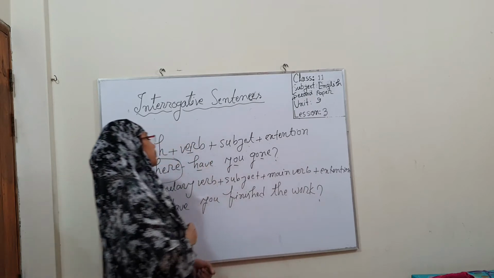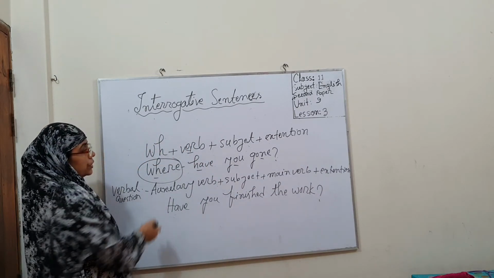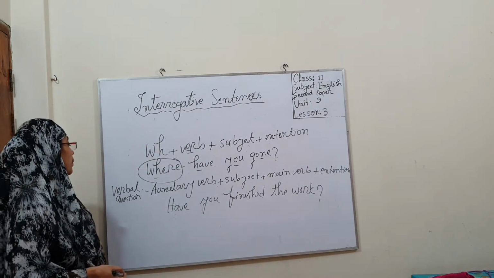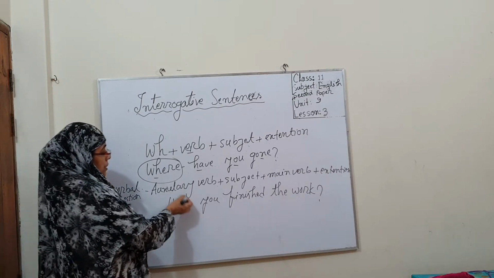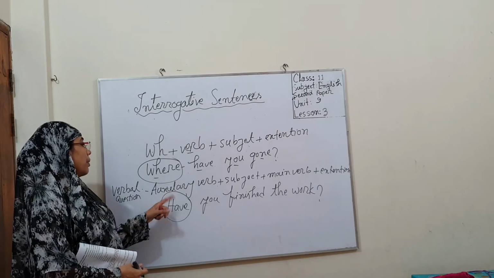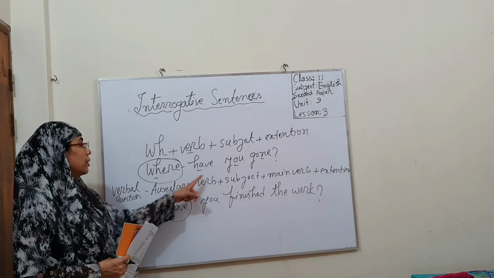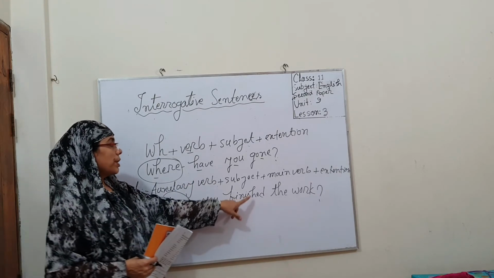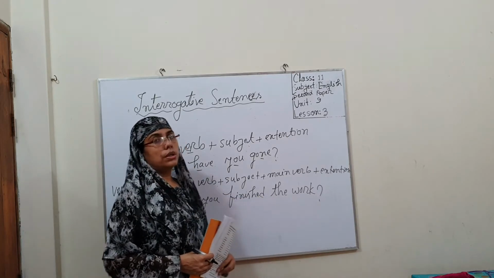Dear students, this is another type of interrogative sentence, and its name is verbal question. This sentence begins with the auxiliary verb have, and this is the subject, and this is the main verb, and this is the extension.